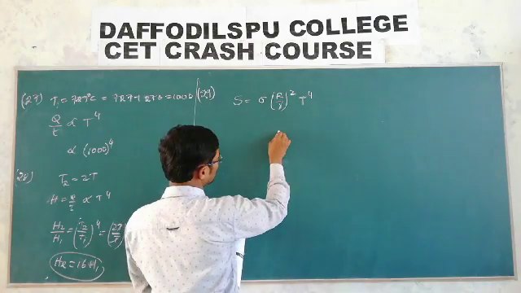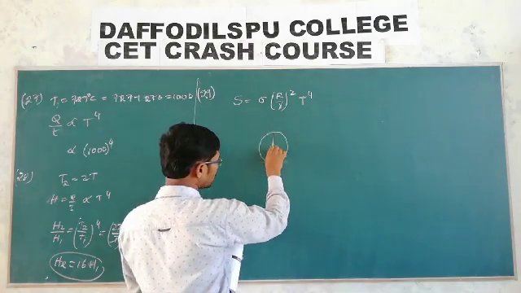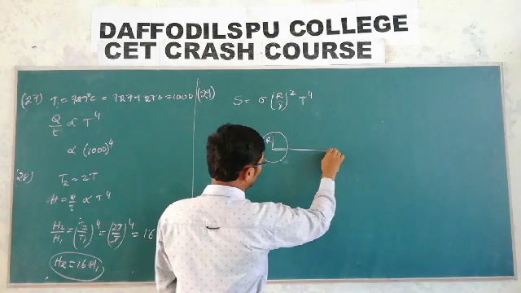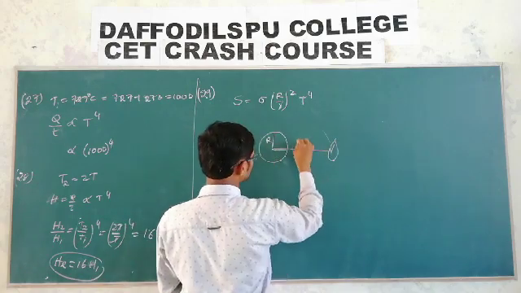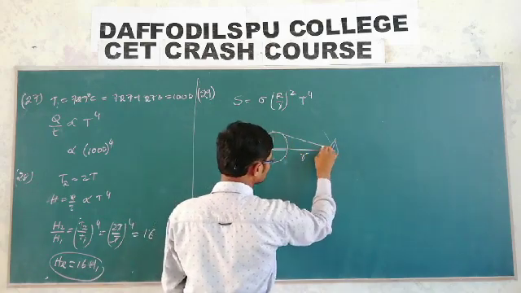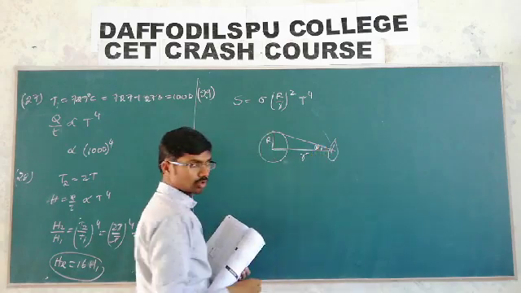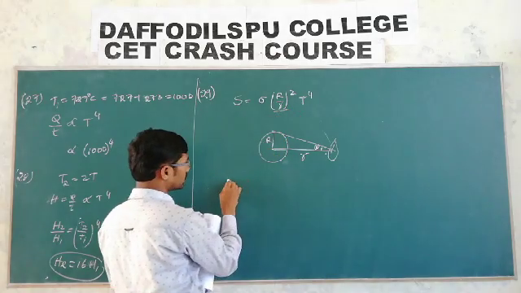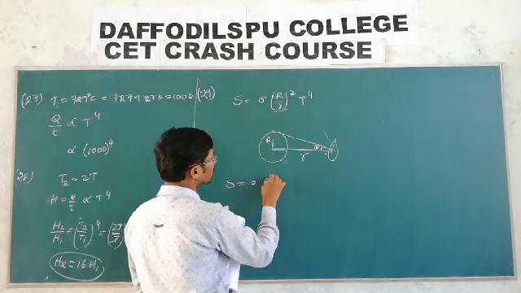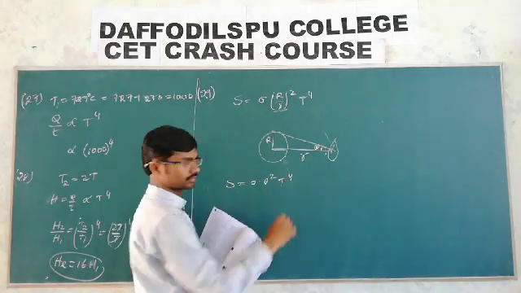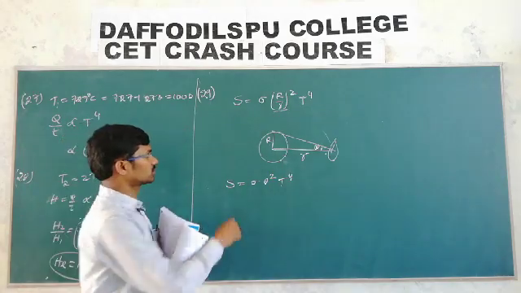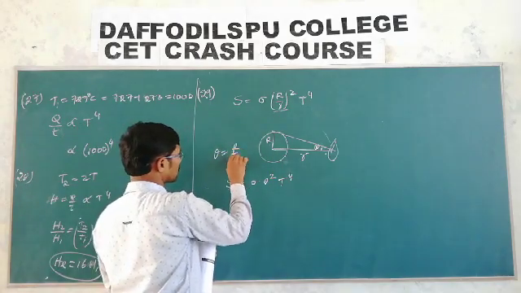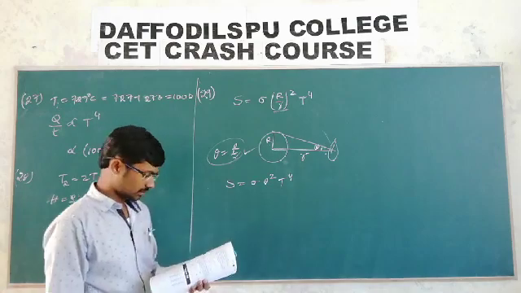Now we have a sun, radius of the sun is R, and for Earth the radius is smaller. Then what is theta? Theta is equal to R by R. That means instead of this, we can write S equal to sigma theta square T power 4.